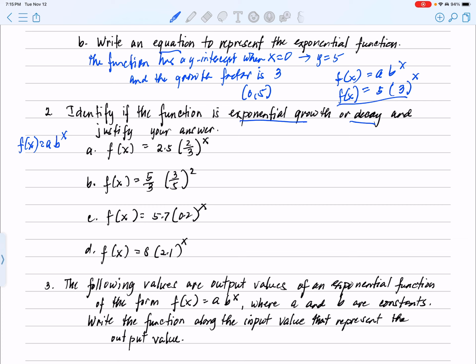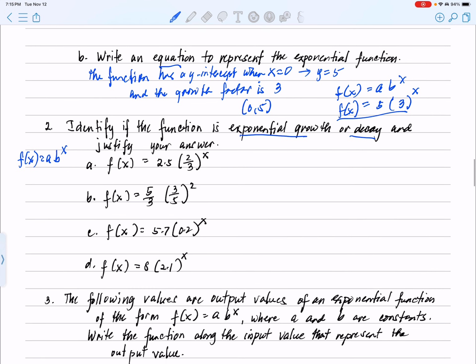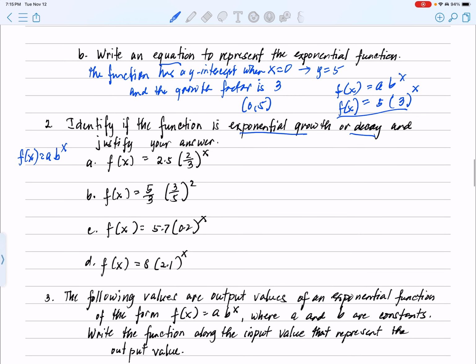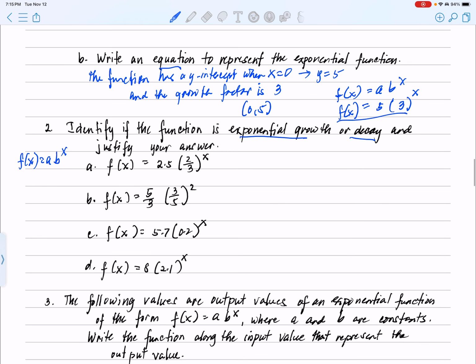When can we determine whether it's growth or decay? When b, this is where our b is, would be between 0 and 1. 2/3, that's less than 1. And a is greater than 0. So this is a decay.